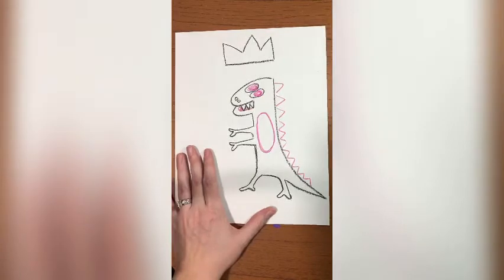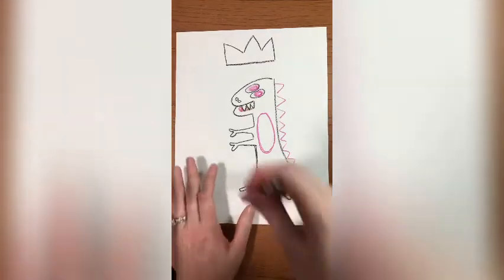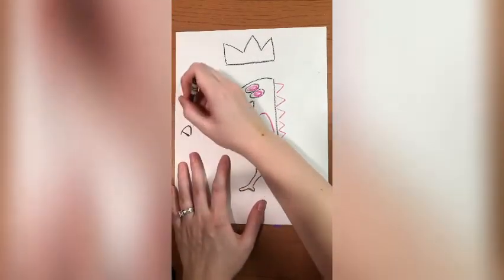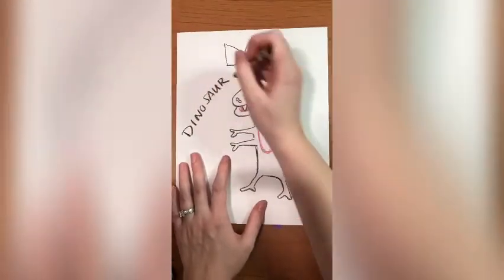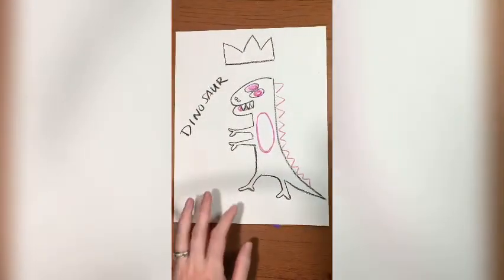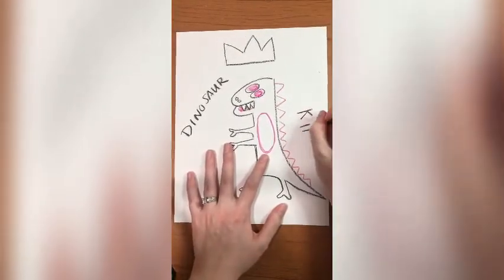Okay, so once you have all that drawn, we're gonna put a couple words in our picture, because sometimes our artist likes to use his words to describe things. So I'm gonna spell it dinosaur. We'll make him the king dinosaur.